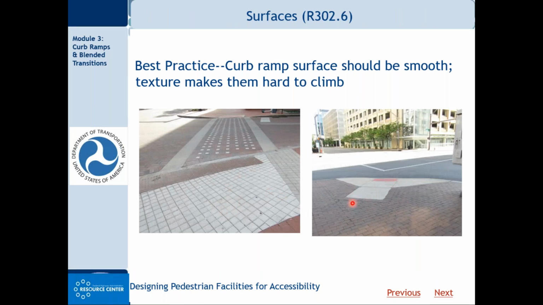Again, I'll repeat, both of these ramps comply with PROWAG. The better design is the one on the right. Notice the ramp and the landing are smooth. The one on the left here, I realize this looks great, but climbing that textured block or paver surface in a manual wheelchair is going to take more energy to climb, and to try to turn on a textured surface also is more difficult.